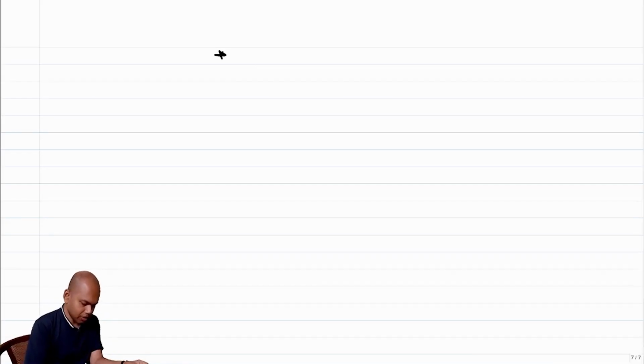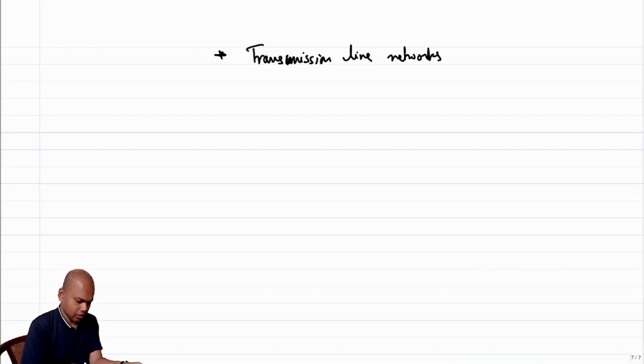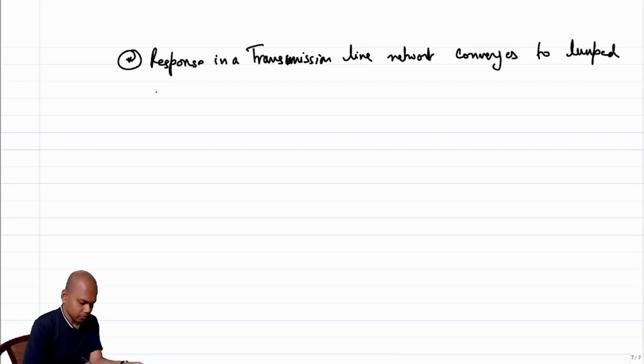We saw with an example, not rigorously, that distributed or transmission line networks, or the response in a transmission line network, converges to a lumped element network when tau of the transmission line tends to 0, right?